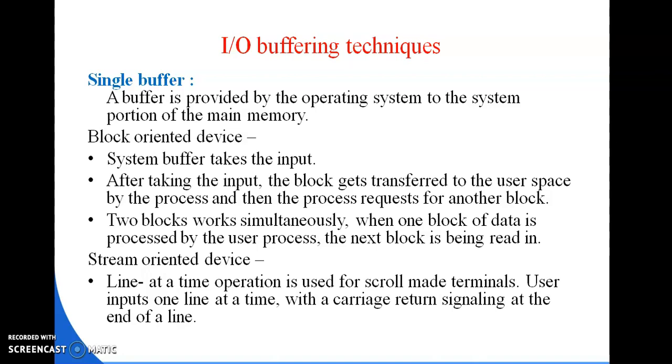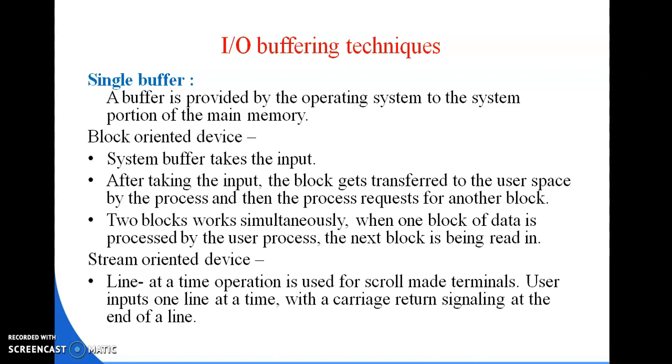One is block-oriented devices, where the system buffer takes the input. After taking the input, the block gets transferred to the user space by the process, and then the process requests another block.